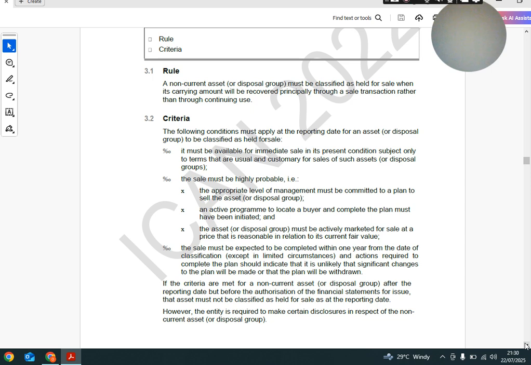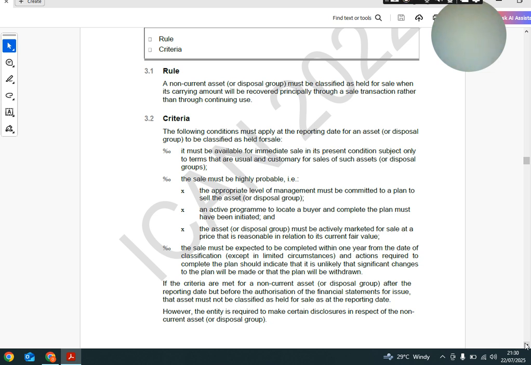Management should not just keep it to themselves that we want to sell the asset. The management must start looking for buyers to buy the asset. An active program to locate a buyer must have been initiated.